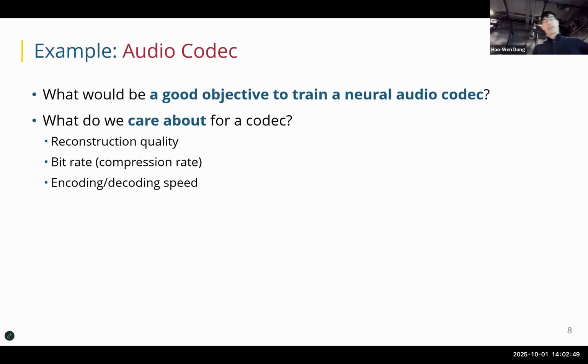If you are building earbuds, you care about the encoding and decoding speed. If you are trying to get the best compression results, like MP4 that you will later upload to YouTube, and size is the big thing, then you don't really care about this one-time speed and care more about the compression rate.